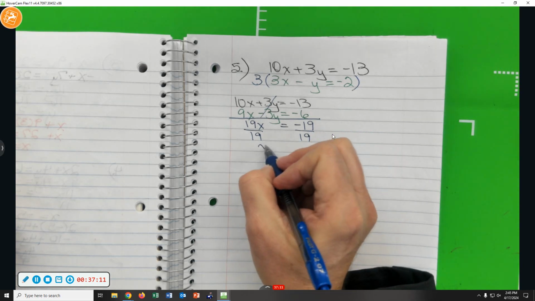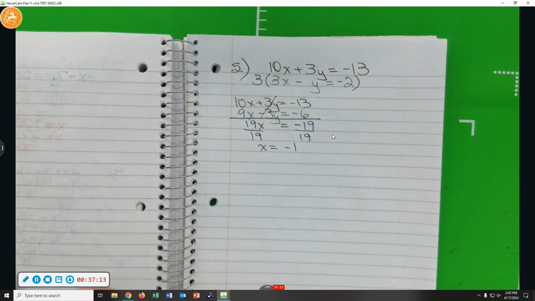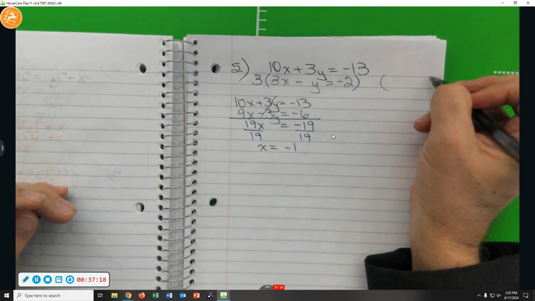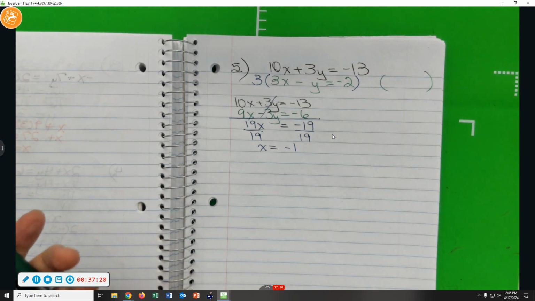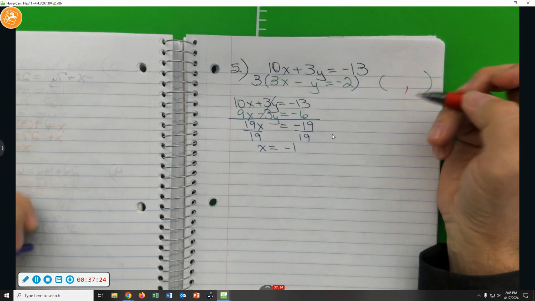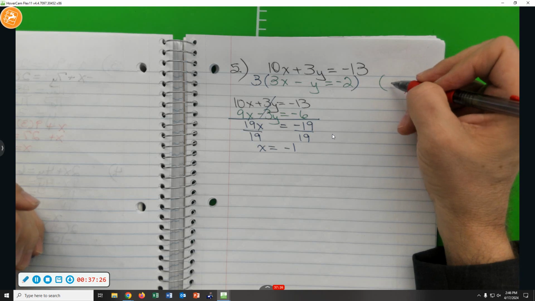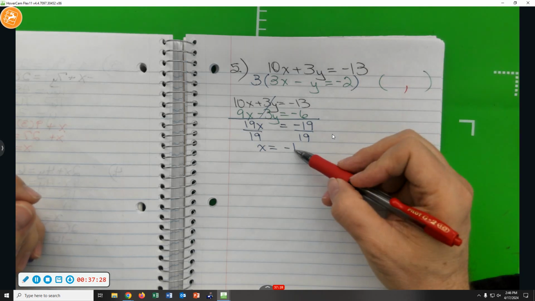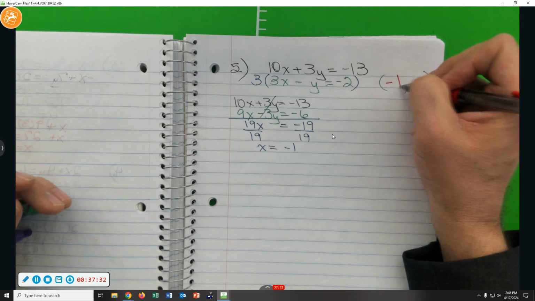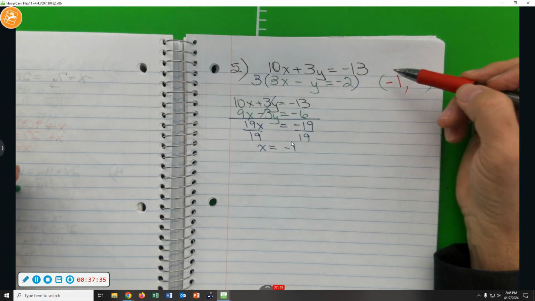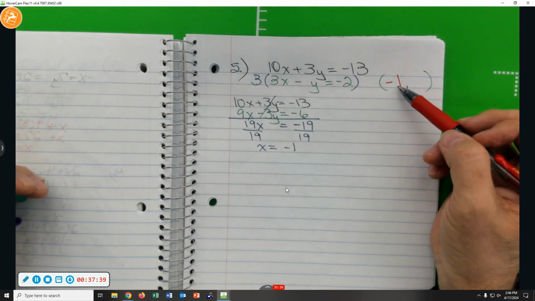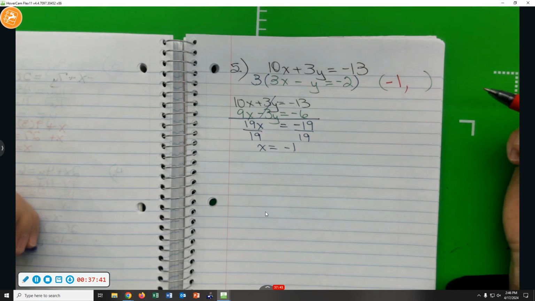That gives us x equals negative 1. So we know there's going to be a single point of intersection, and it will occur when the x coordinate is negative 1. Remember, ordered pairs go in the order x, y, so that's why I put the negative 1 in the x position.